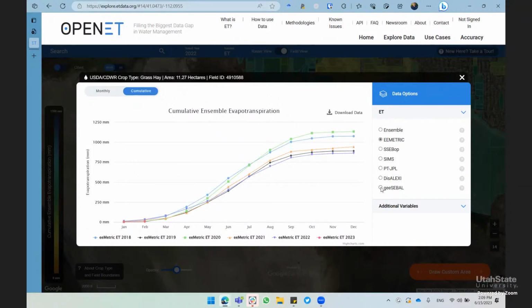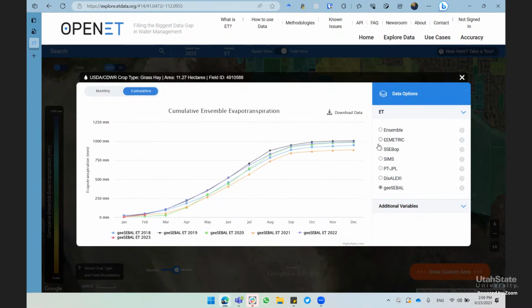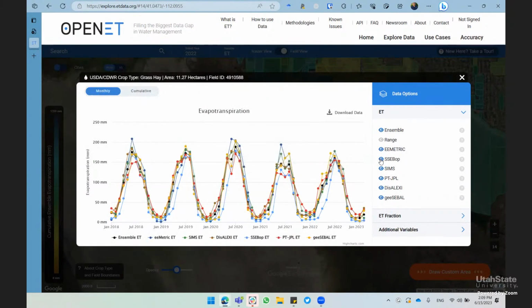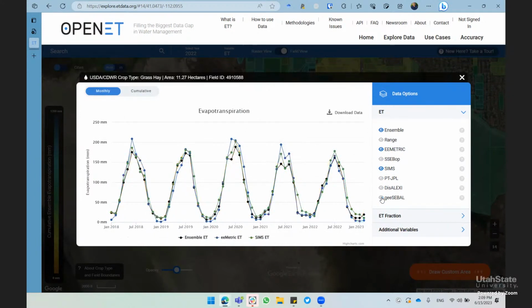For example, for Utah, it has been selected that the METRIC model works better than the other models. But for other locations, for California, the SIMS also works good. One better, another, in the same place, there could be one that is better, two, three, or all.